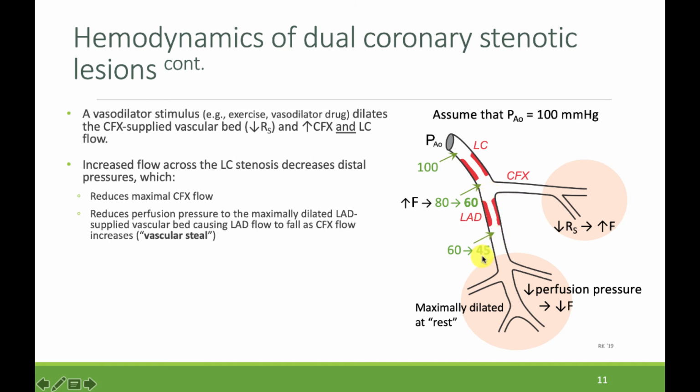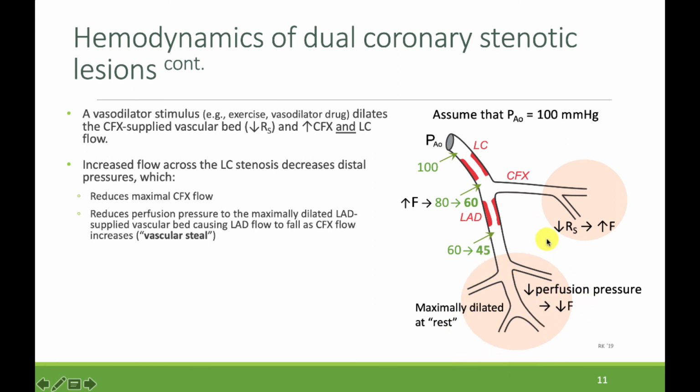This pressure here might fall down to 45 millimeters of mercury. Well, at this very low perfusion pressure, going to a maximally dilated vascular bed, as we already described in the last slide, this will lead to a decrease in flow in this vascular bed.